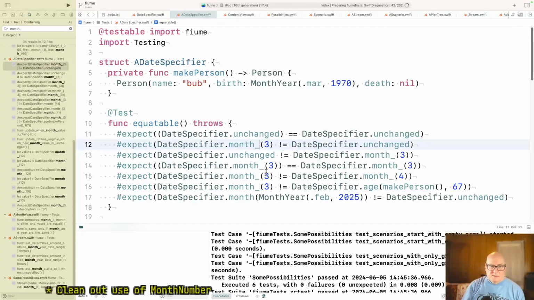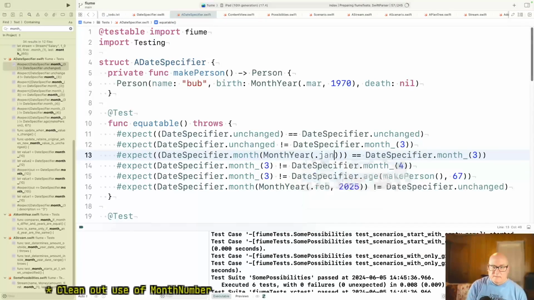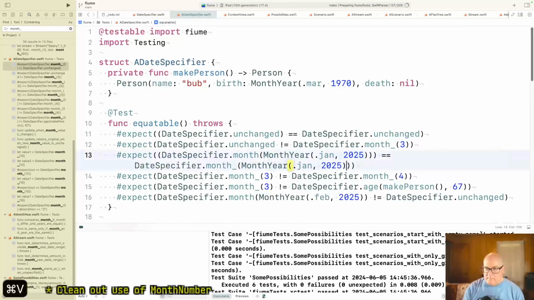Okay, so we have a month year one versus unchanged. So I think that's covered. I guess a month year versus itself. Equals itself.